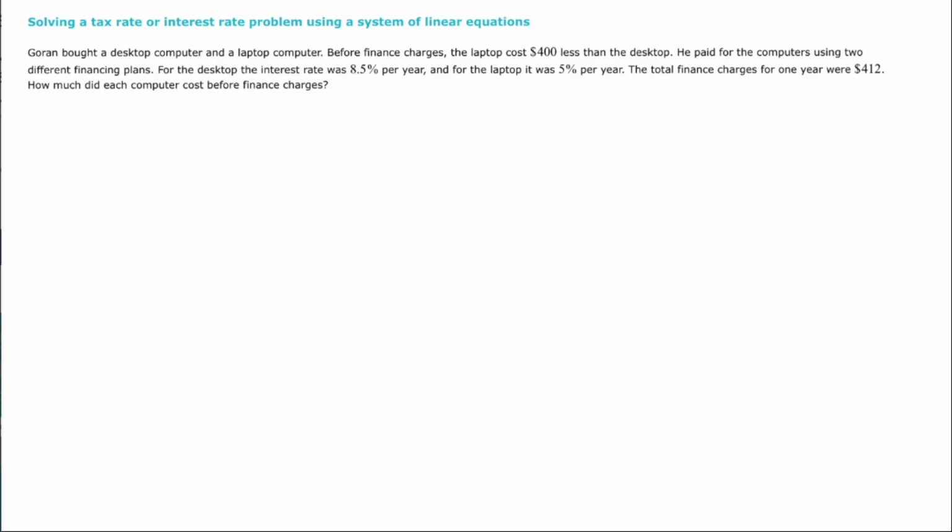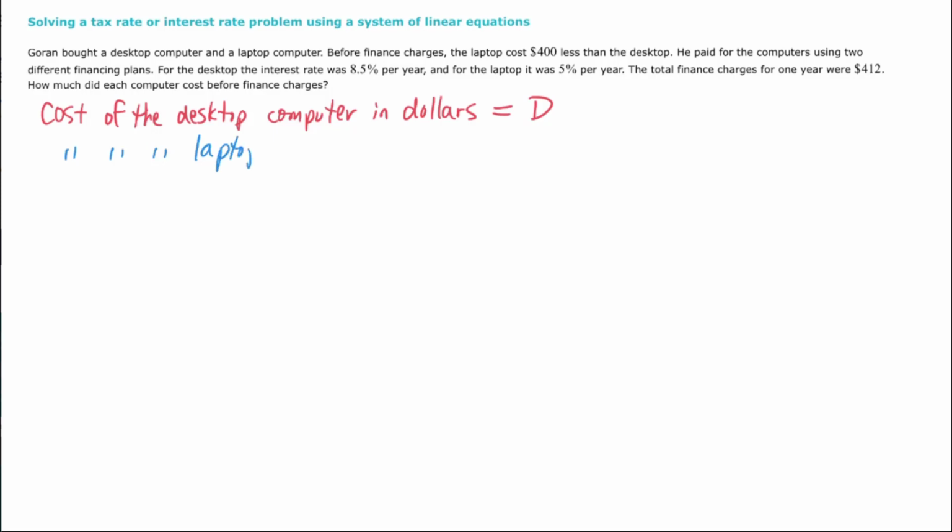Let's first write the cost of the desktop computer in dollars is equal to D. In a similar fashion, we're going to let the cost of the laptop computer in dollars equal capital L.